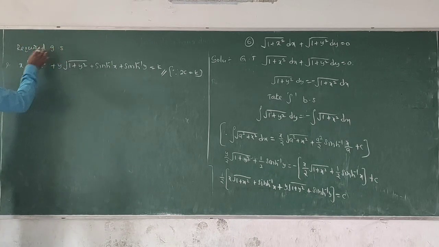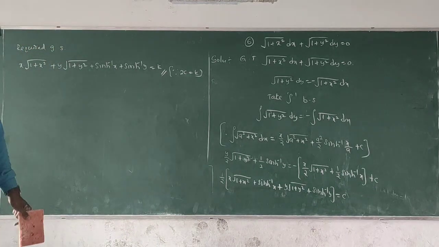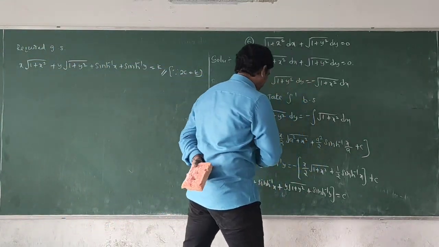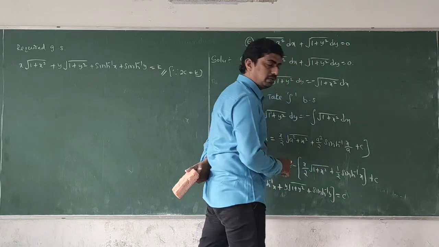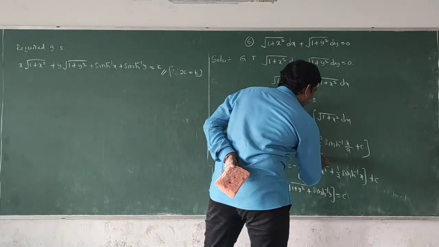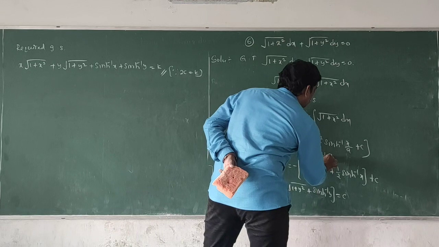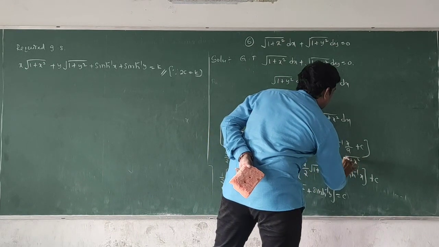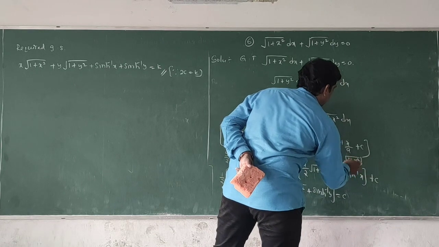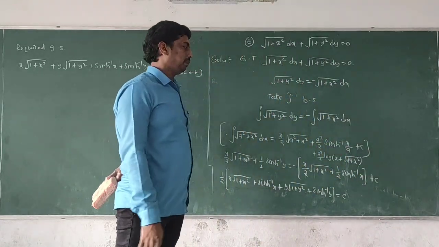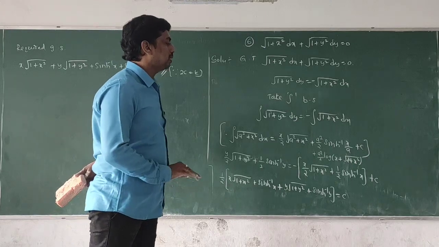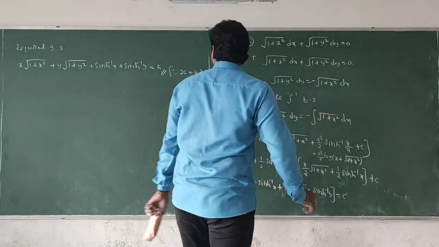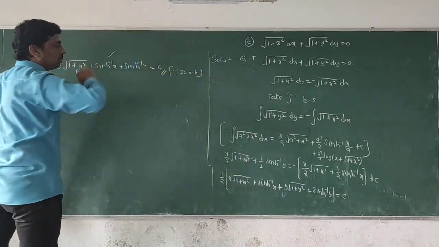Here we have another formula for the same. In the place of sinh inverse x by a, you may write a square by 2 into log of x plus square root of a square plus x square. That is also right, no problem. That's why in the textbook the answer is given in terms of log. If you write this answer, this is also right.